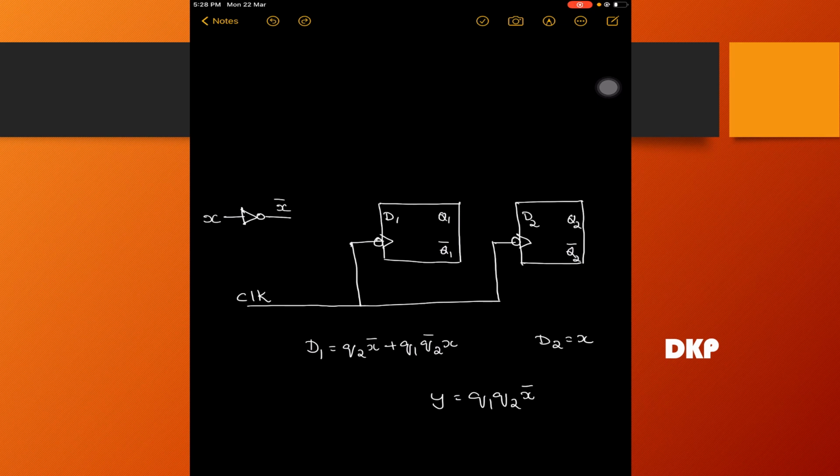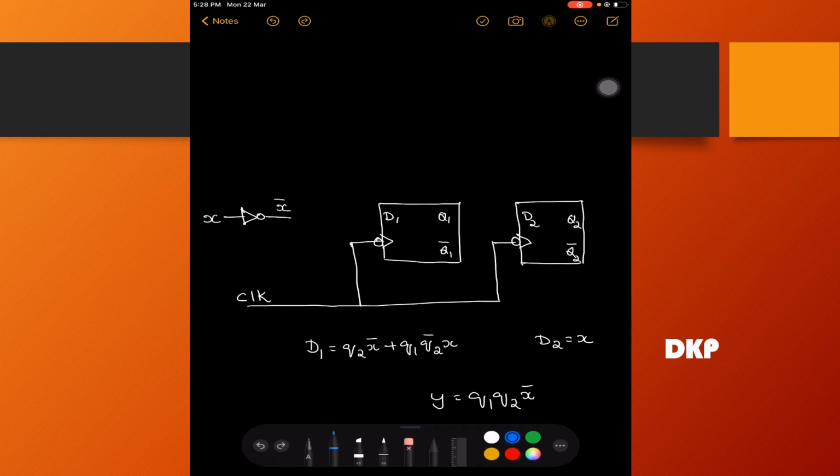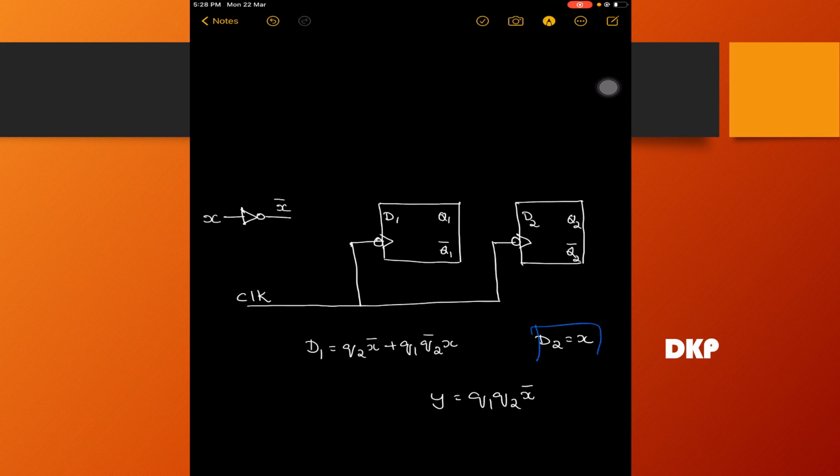We give X as the input to that NOT gate in order to get X bar as the output. First of all, let us implement D2 is equal to X. What you have to do is just connect this X with the input of the second flip-flop, that is D2.